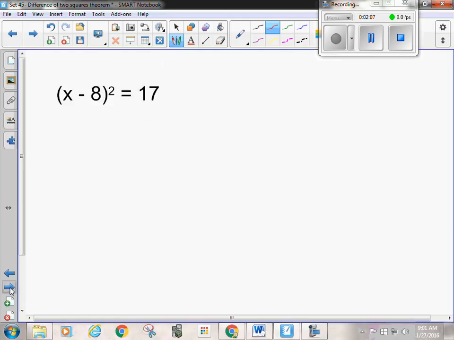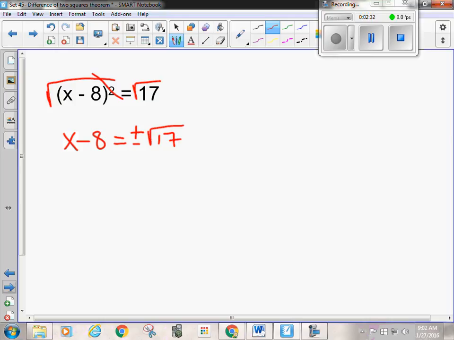Let's look at this one. Here, it's a little bit different. Now we have a binomial squared equals 17. But we're going to follow the same steps. We're going to take the square root on both sides because I have the squared term here. So now I get x minus 8 on this side equals positive and negative square root of 17.